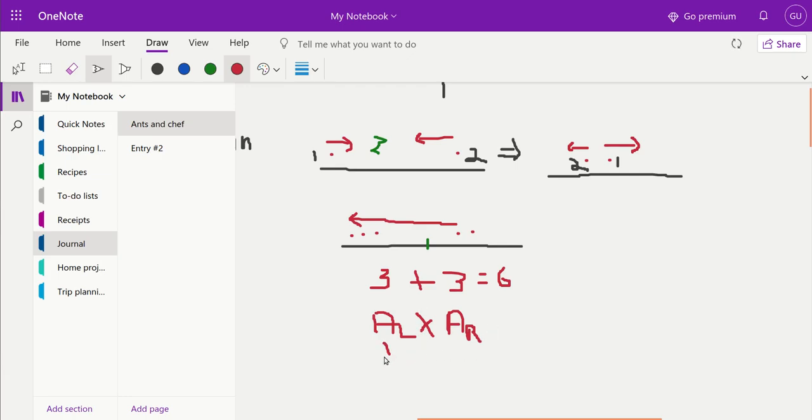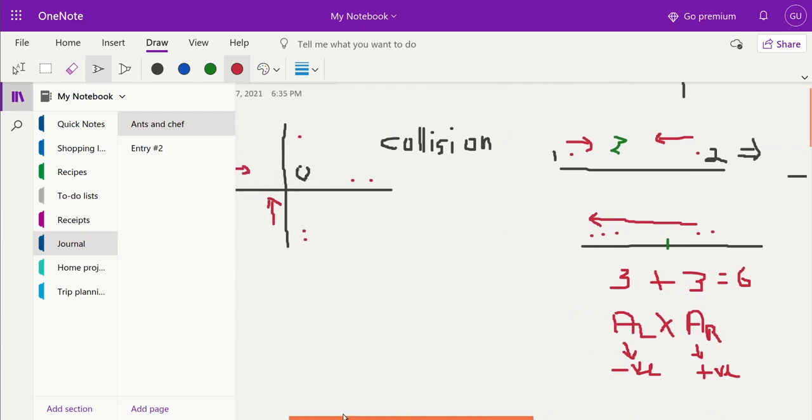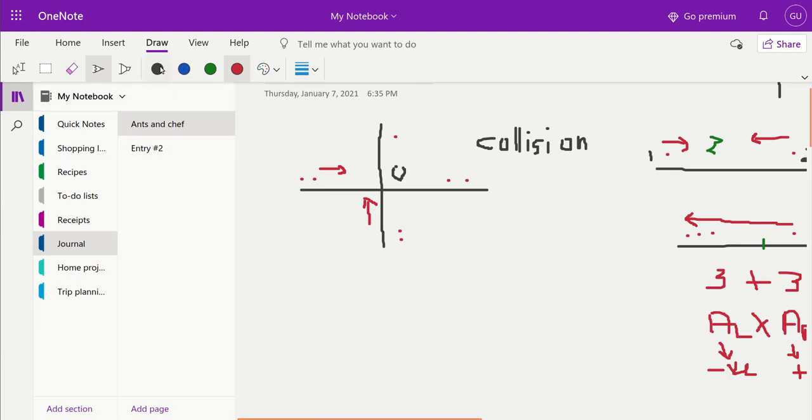I can also denote ants on the left side as negative and ants on the right side as positive, the ants on the positive side of the axis. Okay, this seems easy. If I have only one line, this is the answer. But there are n lines which are intersecting in this manner.